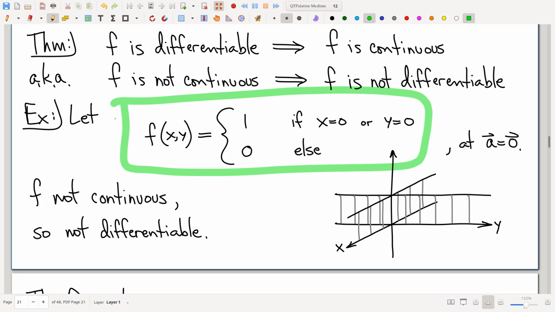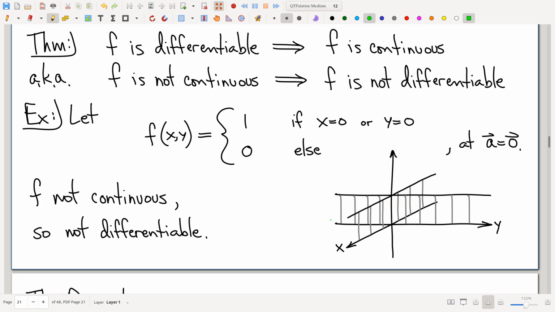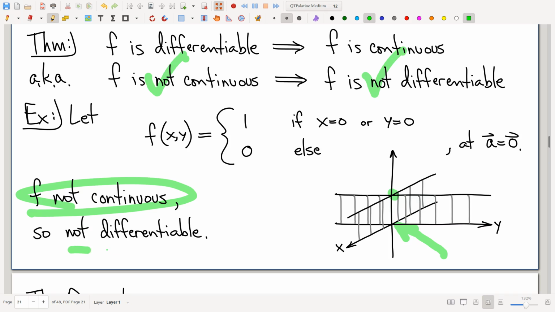So, how do I prove that this function is not differentiable, as we feel pretty confidently it shouldn't be, right? This definitely should not be considered a differentiable function. Okay, fine, how do we prove that? Well, pretty immediate that this function is not continuous. It has an obvious jump discontinuity as you approach the origin, right? So the function's not continuous, and therefore it is not differentiable per that theorem. Everybody happy?